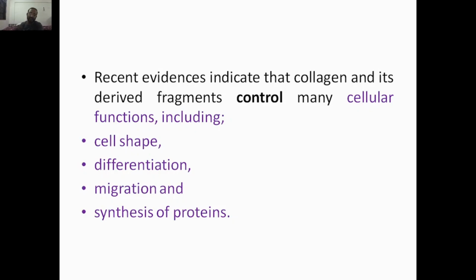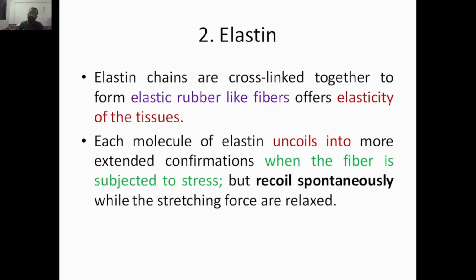Recently there is a study which says that collagen and its derivatives can have control over various functions, like cell shape, differentiation, migration, and synthesis of proteins. So that was about collagen.